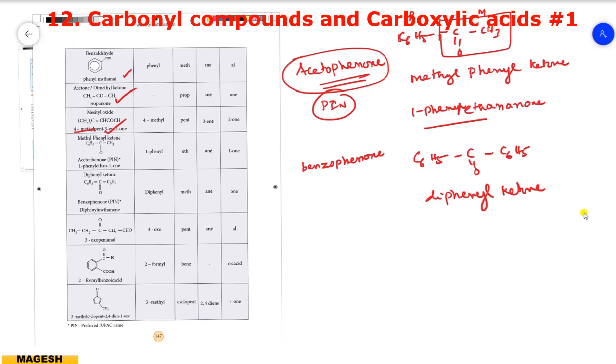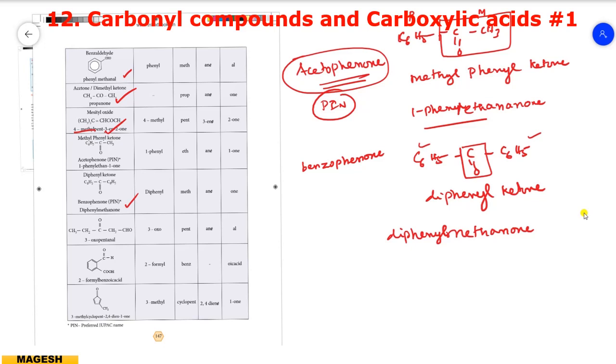But in IUPAC nomenclature, this carbonyl compound consists of only 1 carbon atom, so it is methanone. And the two phenyl groups are substituted, so it is diphenylmethanone. So it is the other IUPAC name.